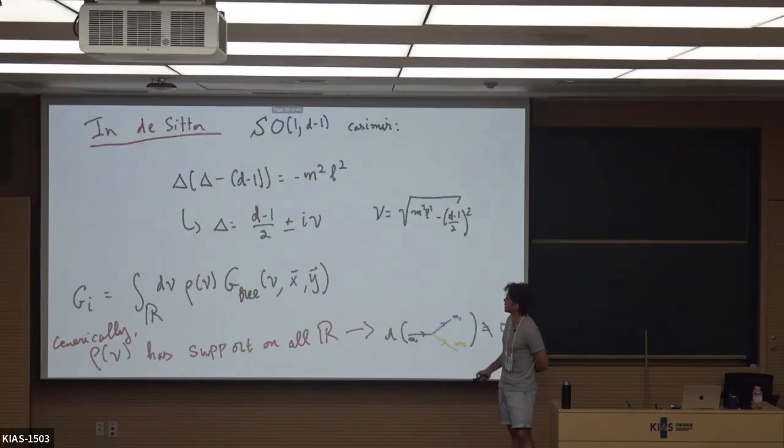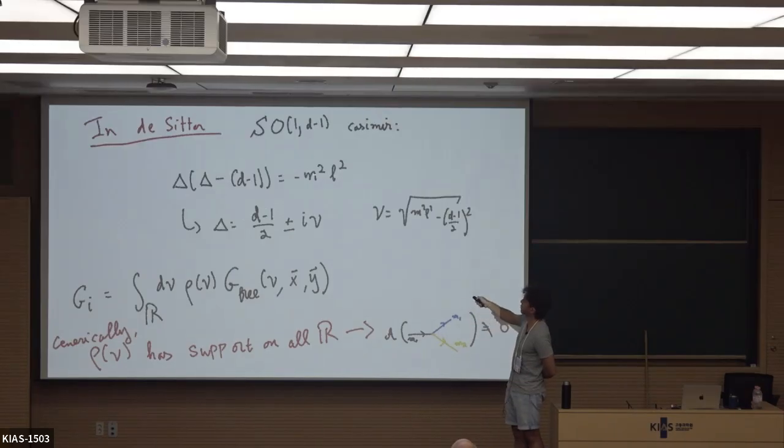However, in de Sitter, we don't really care about rho of m squared. Instead, we care about working with the invariant notion of the de Sitter symmetry group, which is SO(1, d-1). There you have the Casimir. It's much like in AdS. The Casimir and the mass are related in the following way.